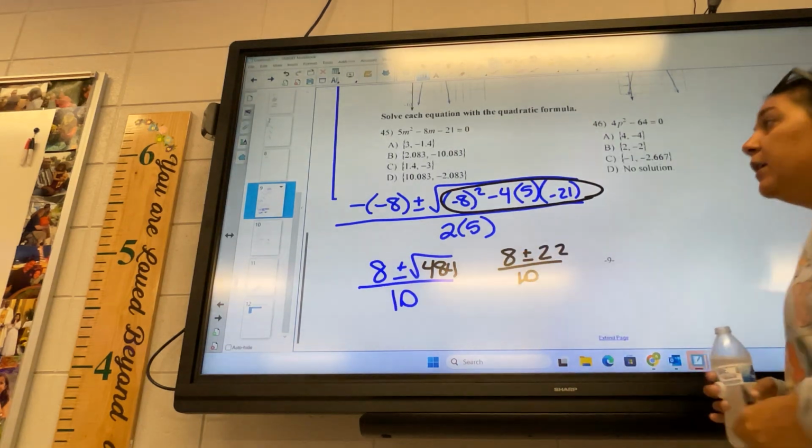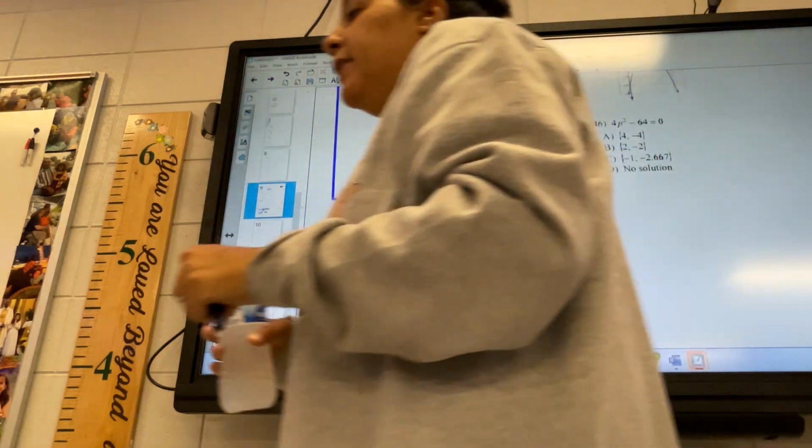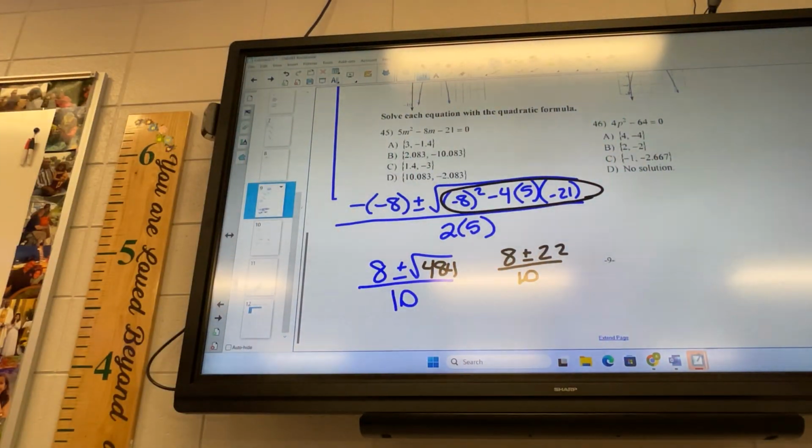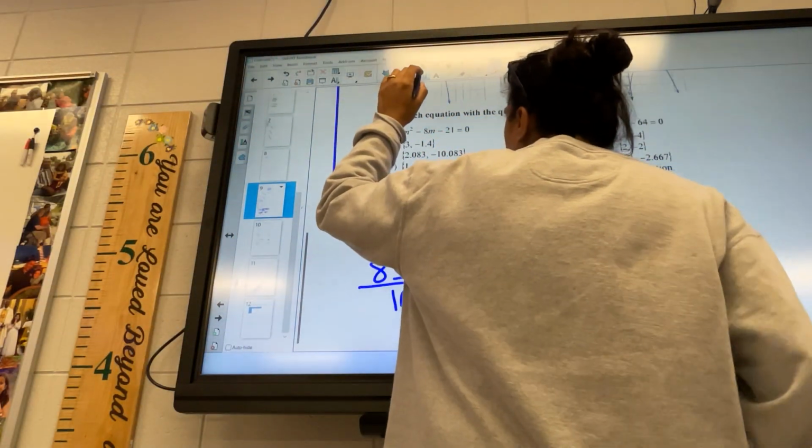22. Okay, and so now we start with the first one. You're going to hit your fraction button, say 8 plus 22 over 10, and then stop and look at your answers. What number do you get? 3? Yes? So what's that got to be?